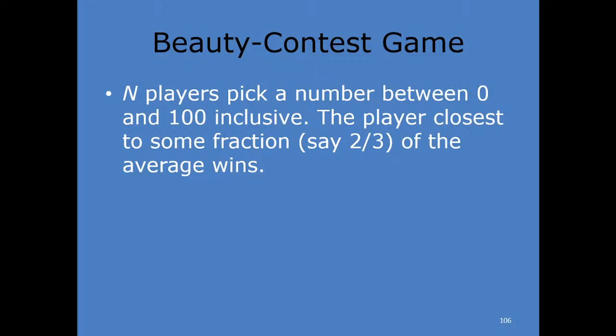Does it make sense? So you win if you pick the number that is closest to that chosen by 2/3. Can you guess what the Nash equilibrium is?